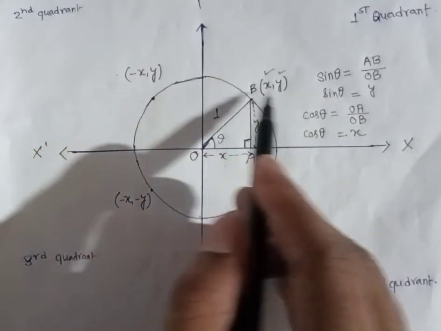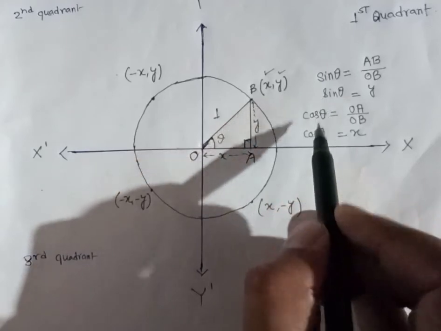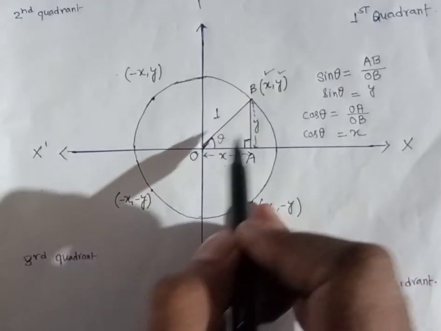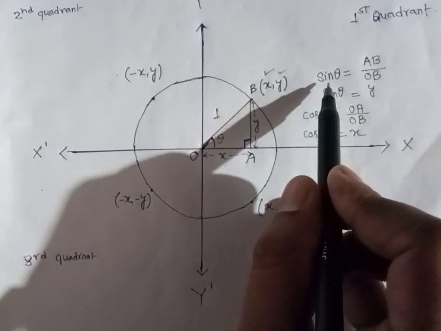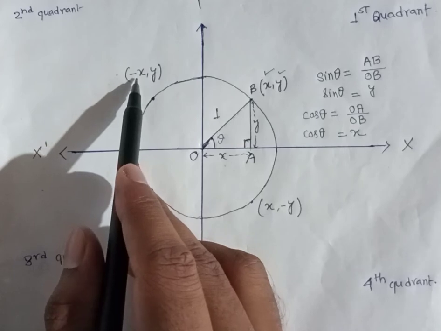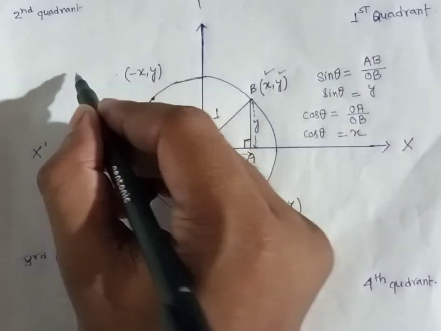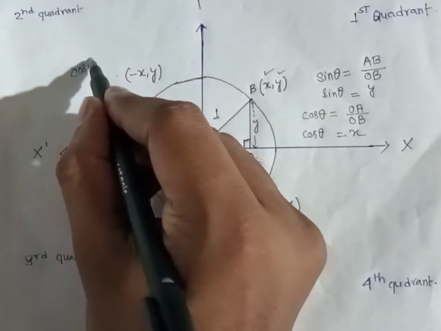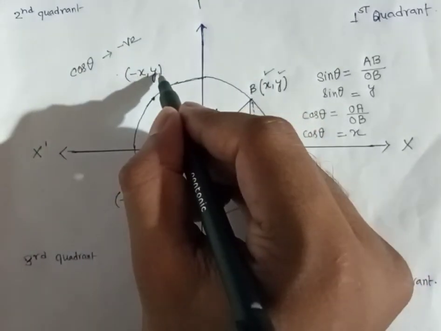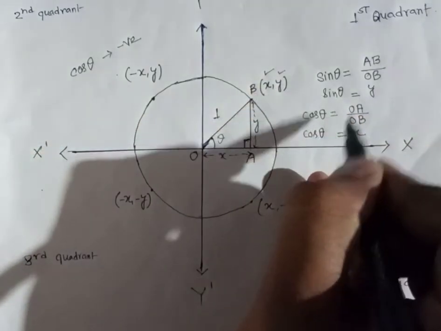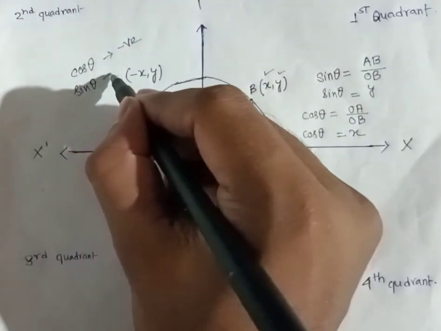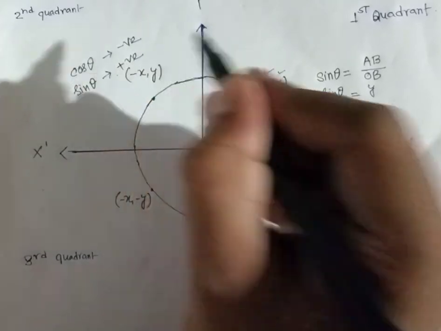Now in the second quadrant, cos theta is the value of the x coordinate and sin theta is the y coordinate. In the second quadrant x is negative, that implies cos theta will be negative, and y is positive, that is sin theta, so sin theta will be positive.